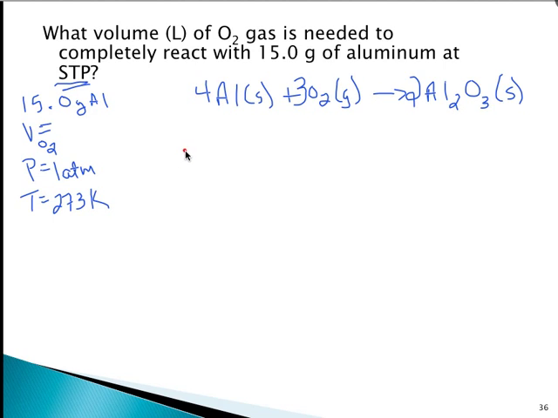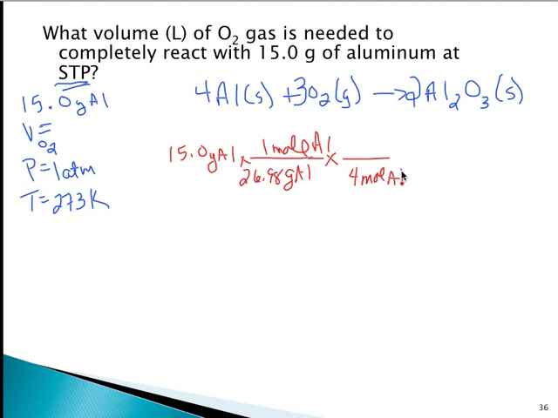So I have 15.0 grams aluminum times 1 mole over 26.98 grams, and that's moles of aluminum. For every 4 moles of aluminum, from this balanced chemical equation, I need 3 moles of oxygen to react with it. That's going to give me the moles of O2.